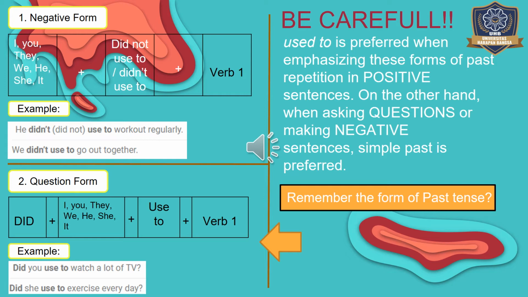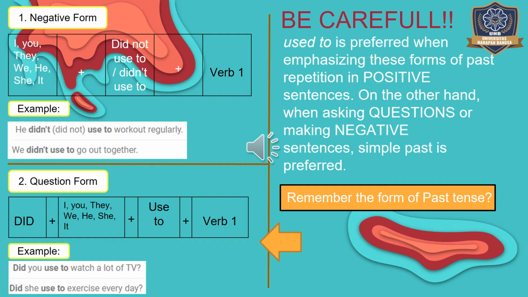So pay attention, use without D. Did not use to or didn't use to. After that, followed by verb 1. The example of the sentence: he didn't or he did not use to work out regularly.